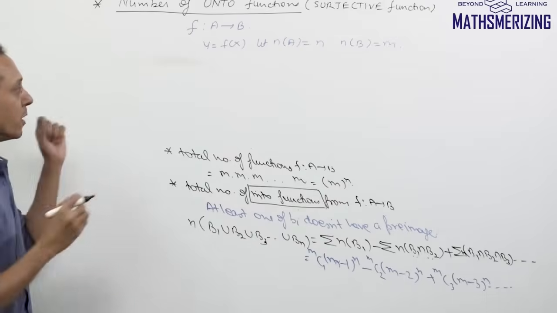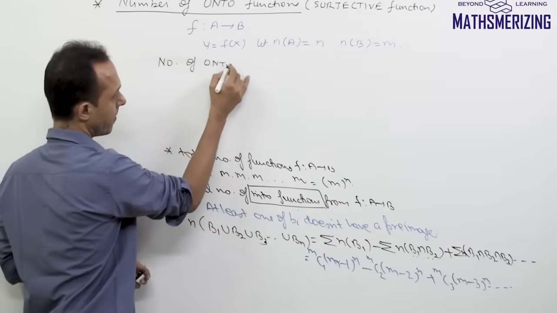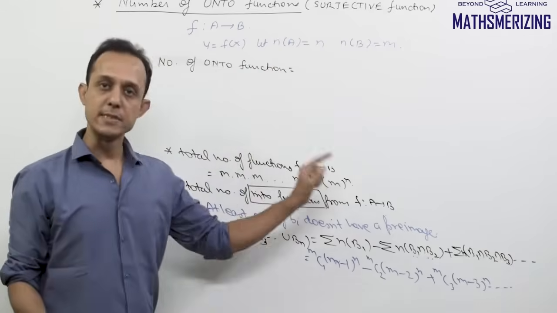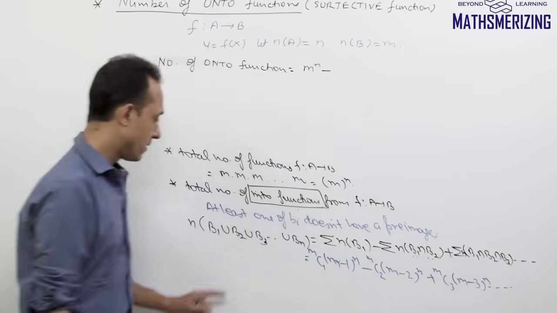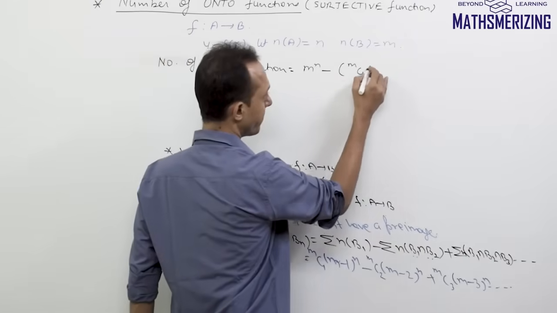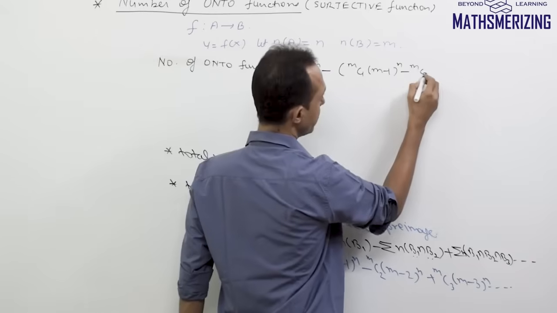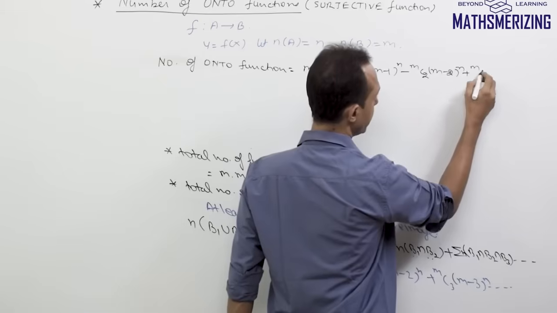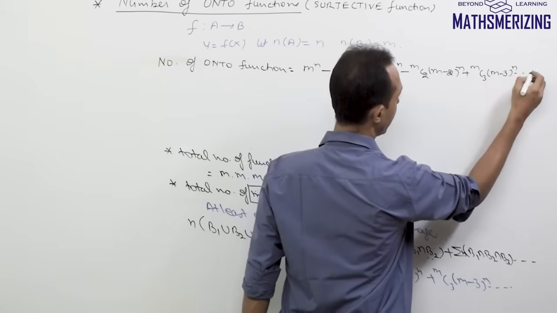So I can find the number of onto functions as the total number of functions, which is simply m to the power n, and then minus the total number of into functions, which is minus mC1 (m-1) to the power n minus mC2 (m-2) to the power n plus mC3 (m-3) to the power n, and it will continue.